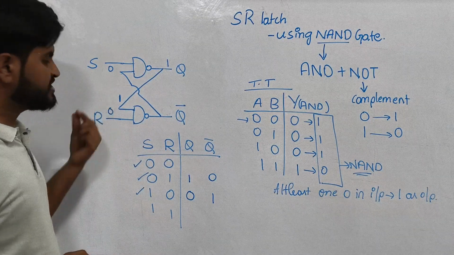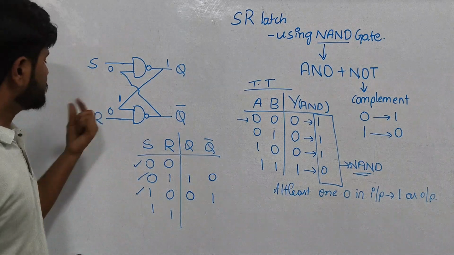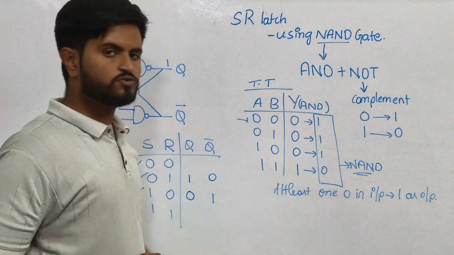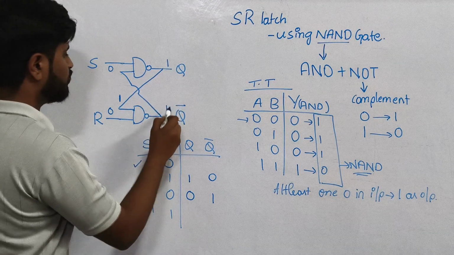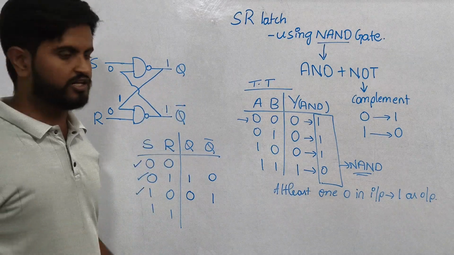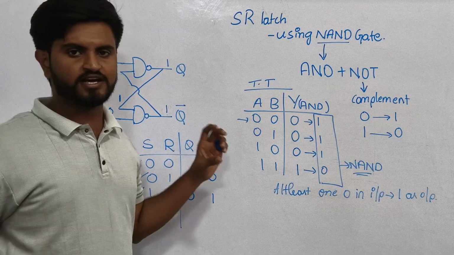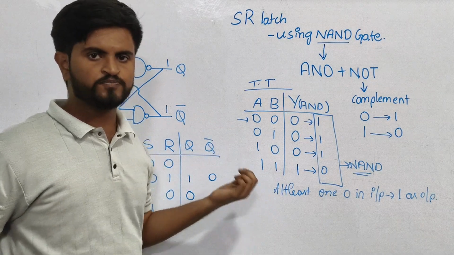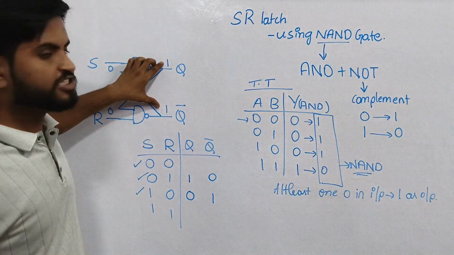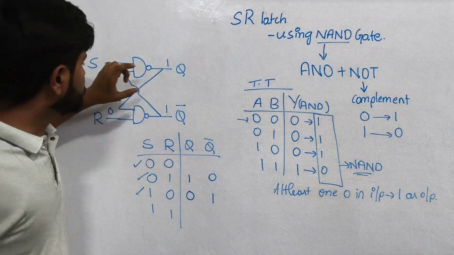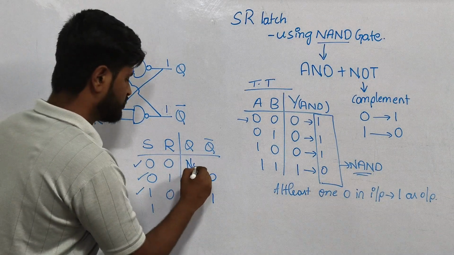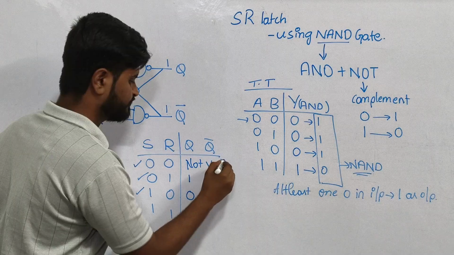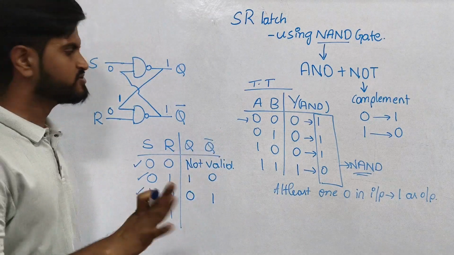When at least one 0 is there, my output will be equal to 1. So both outputs are equal to 1. This is not valid in SR latch or SR flip-flop, because the outputs must be complement to each other, they cannot be the same. So you can write here, not valid. This condition is not valid.